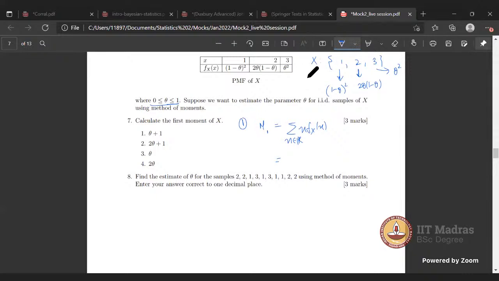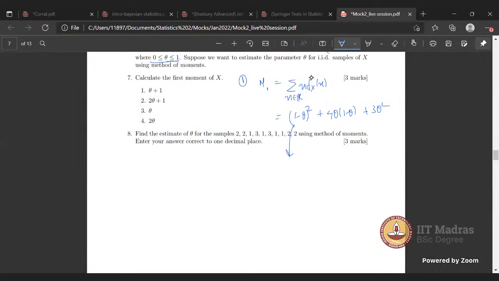You will get 1 times (1 minus theta) squared plus 2 times 2 theta (1 minus theta) plus 3 theta squared. Solving this, you get 1 plus theta squared minus 2 theta plus 4 theta minus 4 theta squared plus 3 theta squared. All of this cancels out and you have just 2 theta plus 1. So my first moment of x is 2 theta plus 1.